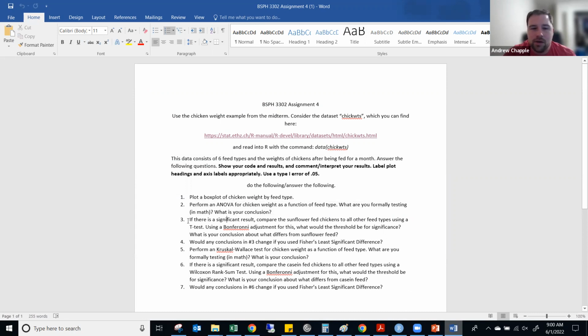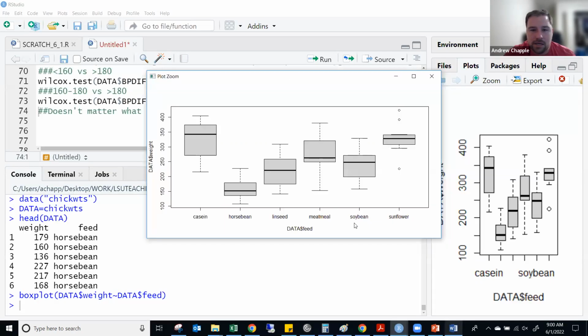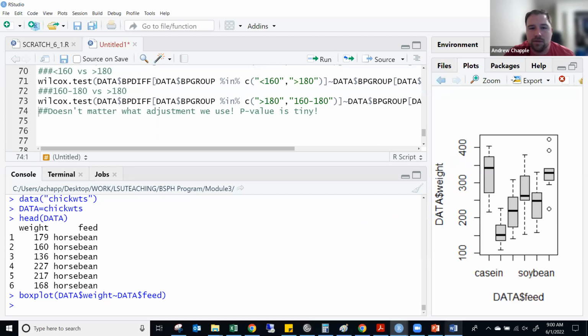You're also going to do, if there's a significant result, compare the sunflower fed chickens to all other chickens using a t-test. So again, you're going to compare sunflower to soybean, to meat meal, to linseed, to horse bean, and to casein. So you're going to want to use this kind of indexing here, right? Like table data feed.